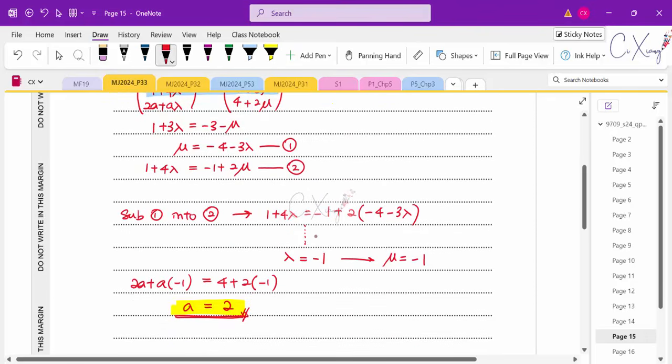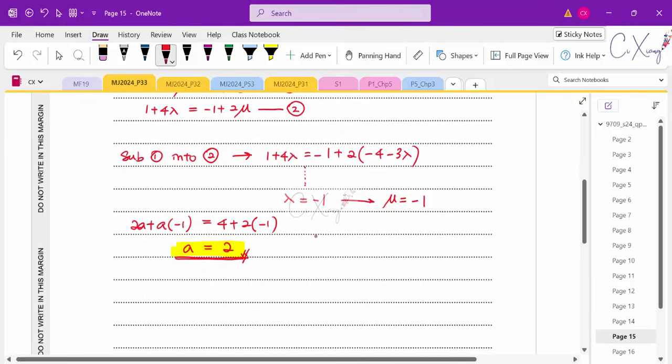Okay, so I'm looking for the position vector of the intersection point. So basically it will be -3 minus mu, mu is -1, then i. Then plus -1 plus 2 mu, mu is -1, then j.